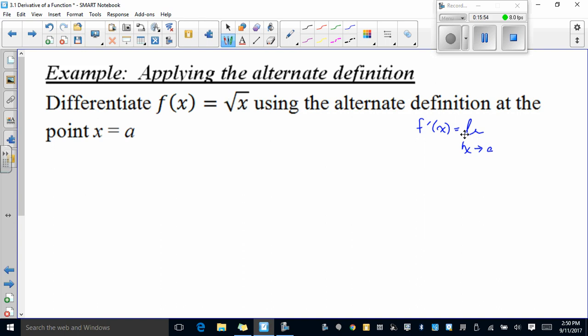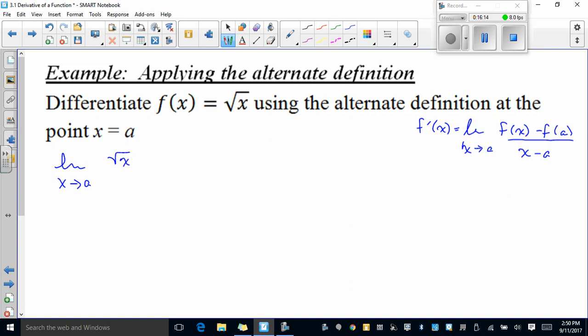So this time you're going to leave the function, so square root of x, limit as x approaches a of the square root of x minus the square root of a all over x minus a.